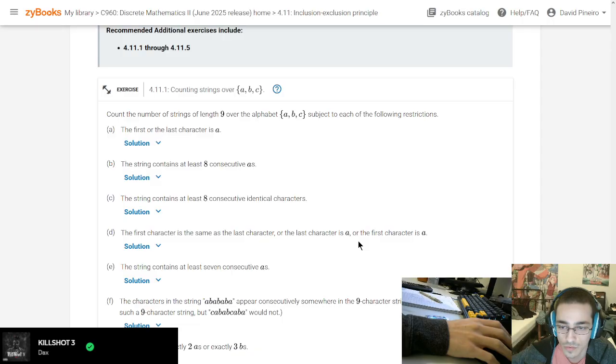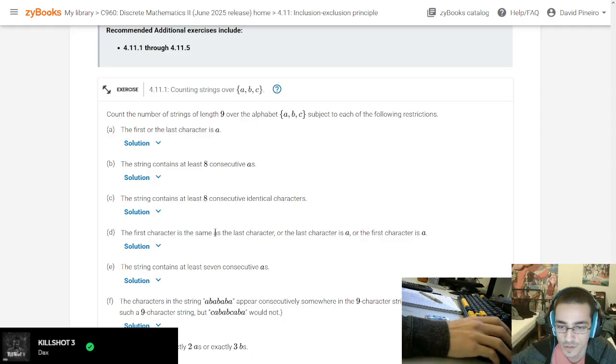So if the first character was an A, then the last character would also be an A. So what is that supposed to be? First character A. Is that 3 to the 7th?